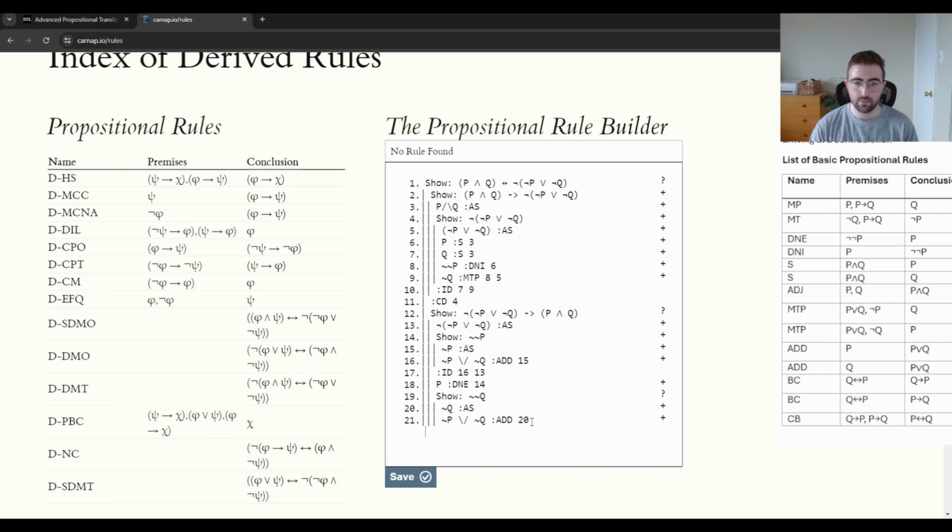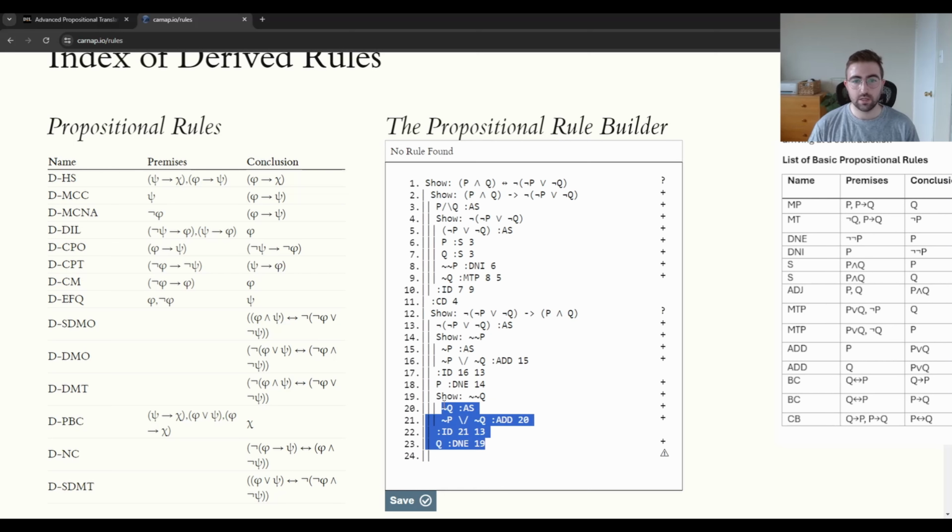We're doing it with the not Q. And again, this contradicts what we have in our earlier assumption. So we can get an indirect derivation, this time on 21 and 13. You see that closes this. So we now have access to that, which means we can get Q from double negation elimination on 19. And look, now in this depth of the proof, we have P here and Q here. So we can get P and Q by adjunctification on lines 23 and 18.